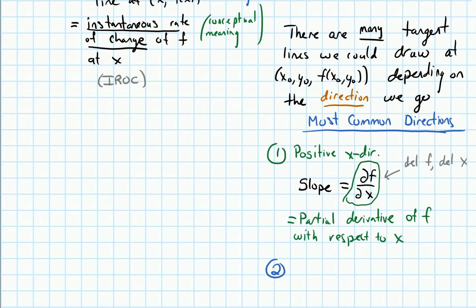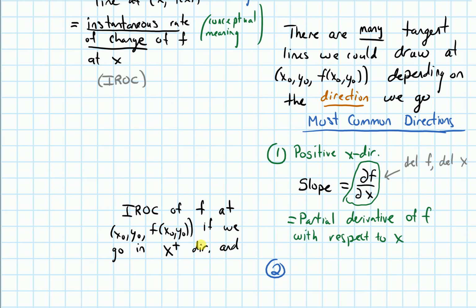We can also think of this partial derivative as an instantaneous rate of change, IROC, of my function f at the point x naught, y naught, f of x naught, y naught, if we go in the positive x direction and hold y constant.